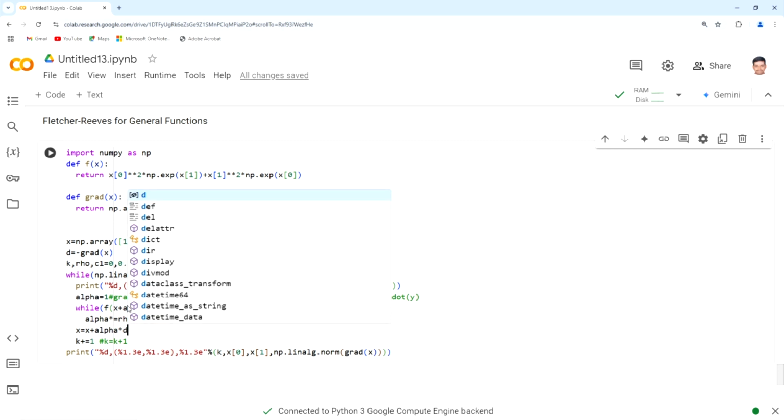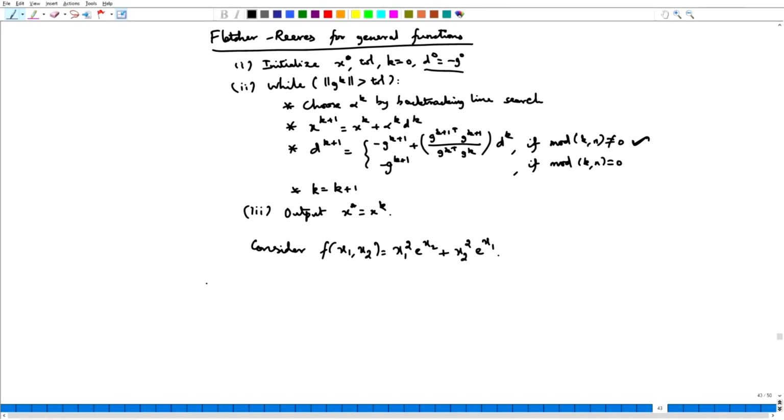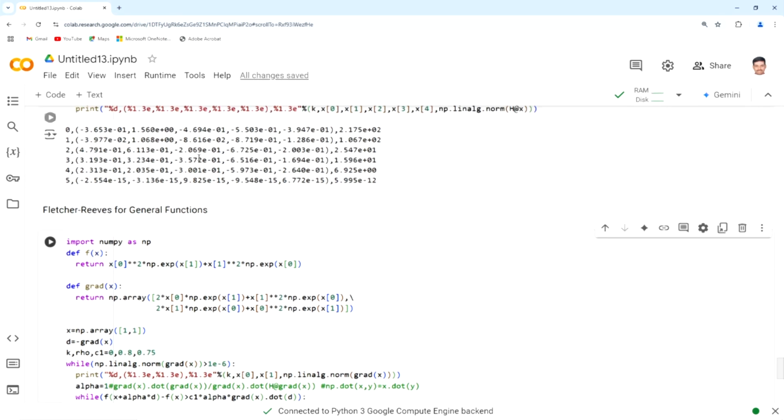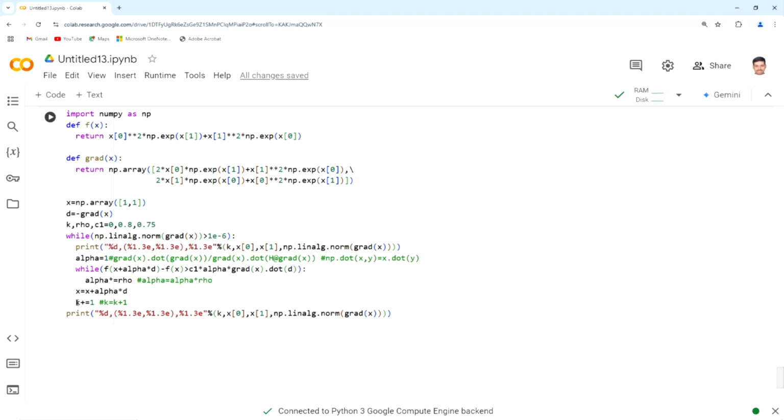And here I will tell you what I have done. I have initiated the while command, norm g k greater than tol. I have chosen alpha k by backtracking line search. I have updated x k plus 1 as x k plus alpha k d k, but then this step is missing, right, the update of the direction. So, this we will copy down from what we have here, but this needs to be changed as well, we will do that.